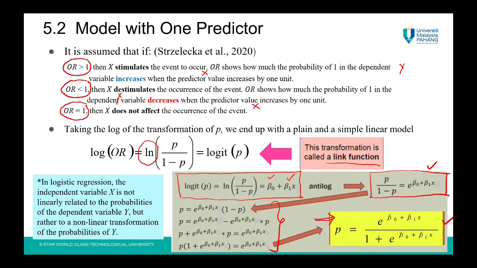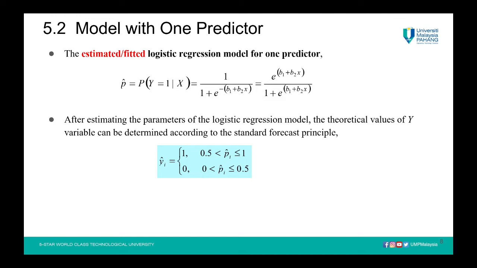In this model, the independent variable X is not linearly related to the probabilities of Y, but rather to a non-linear transformation of the probabilities of Y.